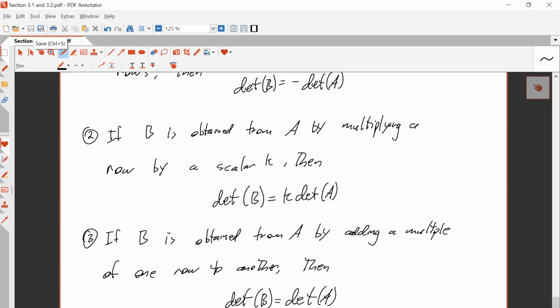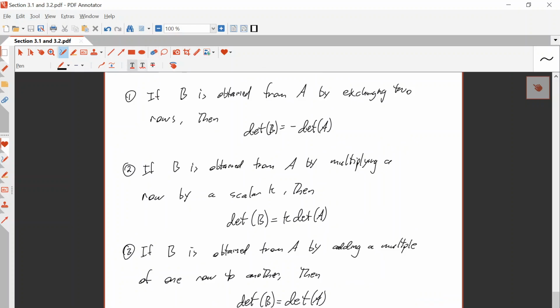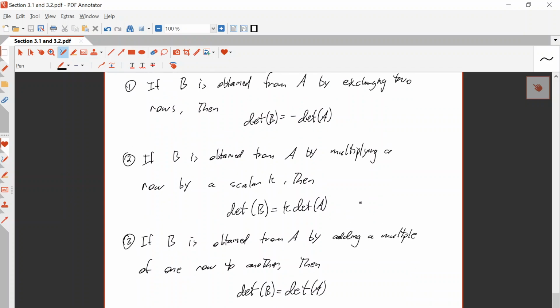Okay, so the effects of elementary row operations are predictable on determinants. The effect of elementary row operations on determinants is very simple. Switching a row, you just negate.